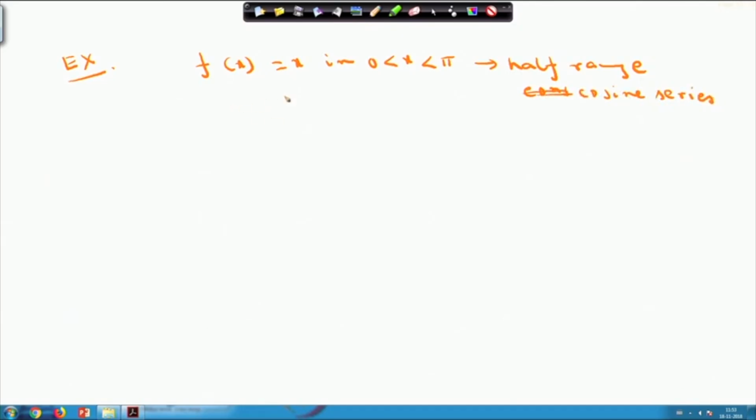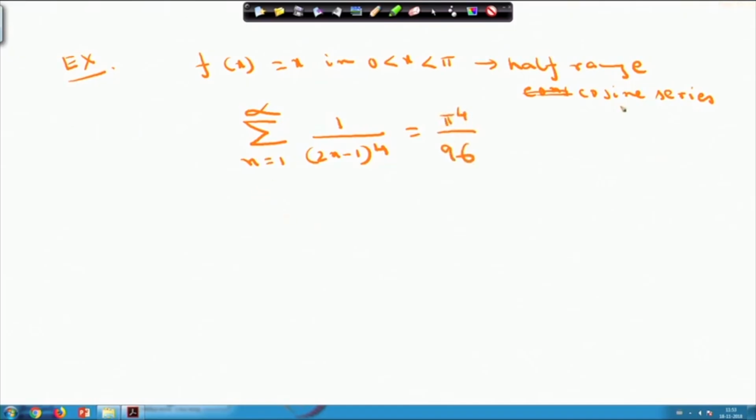For the function f x equals x, we know the half range cosine series in the interval 0 to pi, and what I have to do? I have to prove that summation n equals 1 to infinity 1 by twice n minus 1 whole to the power 4 equals pi to the power 4 by 96.